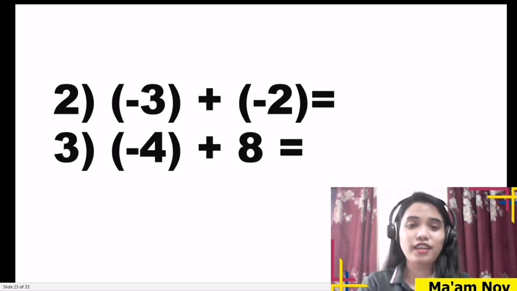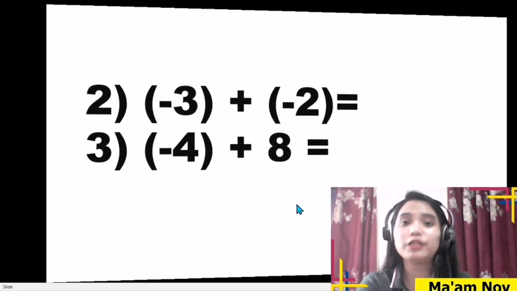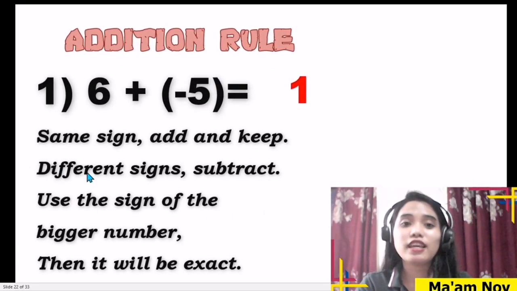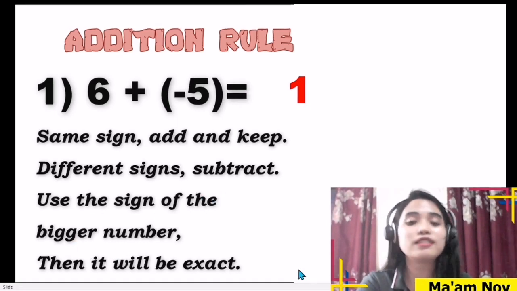How about number 3? Negative 4 plus 8. Same sign or different signs? Different signs kasi ang isa negative, ang isa positive. So, ano ang gagawin kapag different signs? Same sign, add and keep, different sign, subtract. So, we will subtract. Use the sign of the bigger number, then it will be exact.